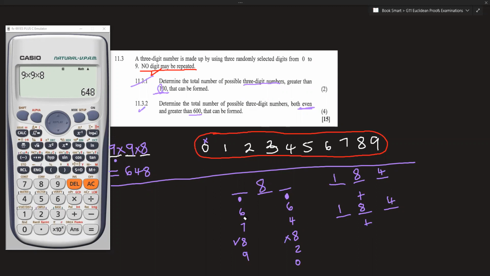So this is what we're going to do. Where's my pen? My pen is there. So here, this is what is going to happen now. 7 and 9, I can start with any of them, right?